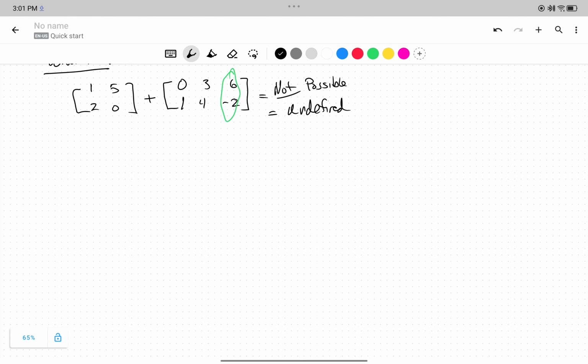So adding and subtracting is a piece of cake. Next is multiplication. There's going to be two types of multiplication: scalar multiplication and matrix multiplication.